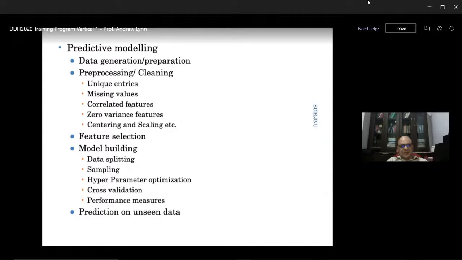These are descriptors. Now, there are some features or descriptors which will be close to zero, and they just add to the calculations without adding any value, so we can think of removing them. There are other processes that are involved, such as centering your data, scaling your data to improve the variation, etc. So this is dealing with the features and removing molecules or features that are not important.